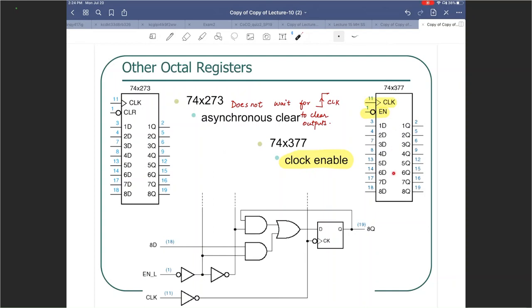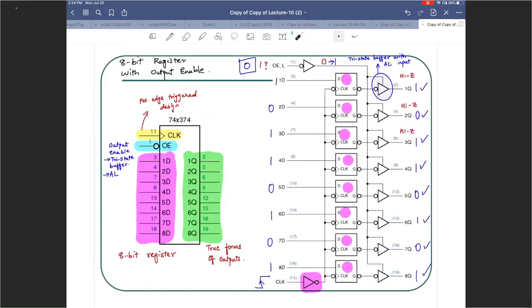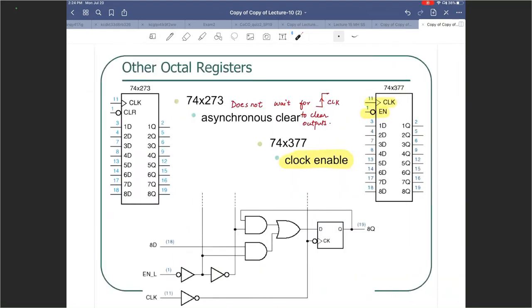So let us take a look at how the inside of this 377 chip is made. Instead of looking at it in terms of 8 duplicates, all of this is getting repeated, as you can see. You have the same structure repeated 8 different times. So instead of looking at 8 different versions, we are looking at just this: 8D versus 8Q along with the clock and enable.